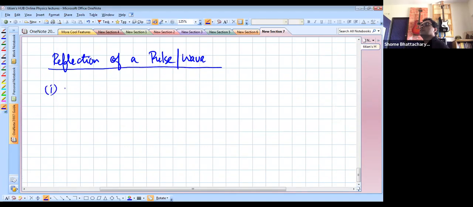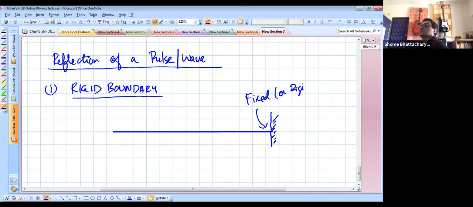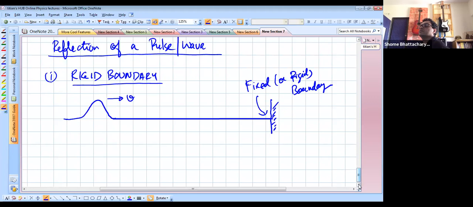For example, if we have what is called a rigid boundary like this, a fixed or rigid boundary, then a traveling pulse of this type, after reflection from the boundary, inverts and comes back.